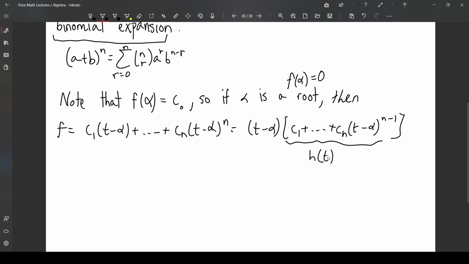I don't particularly care what it is, but the important fact is that if I have a root alpha, then I can factor out t minus alpha and get some other polynomial in my polynomial ring.